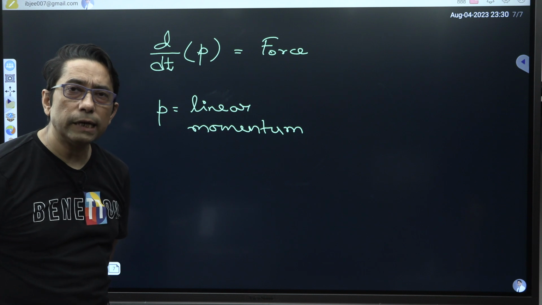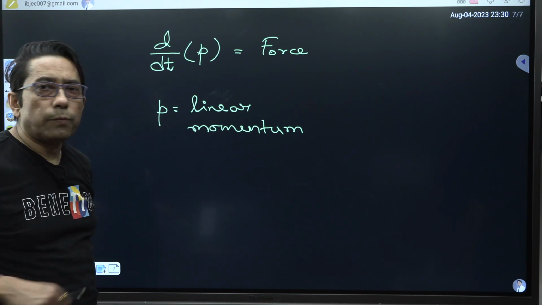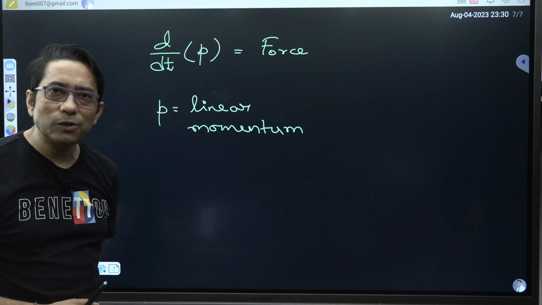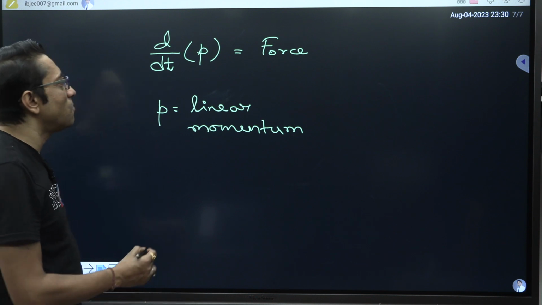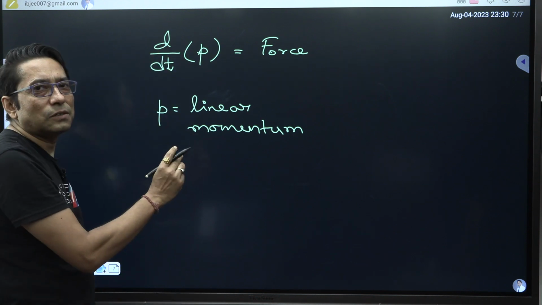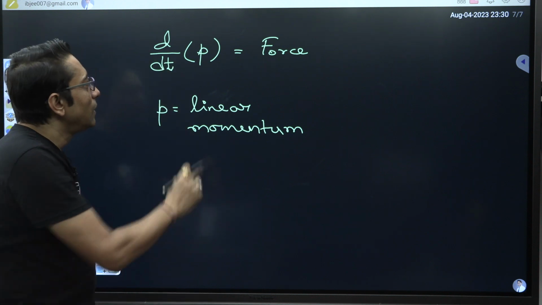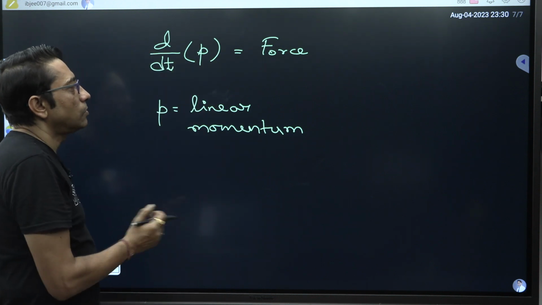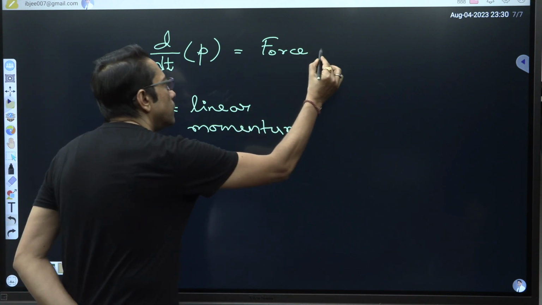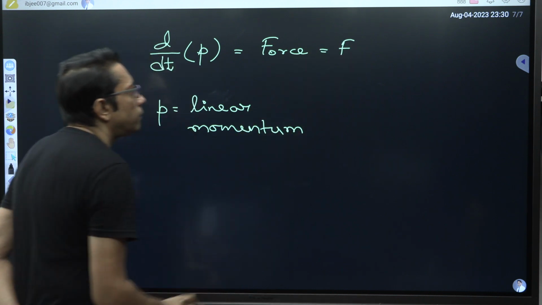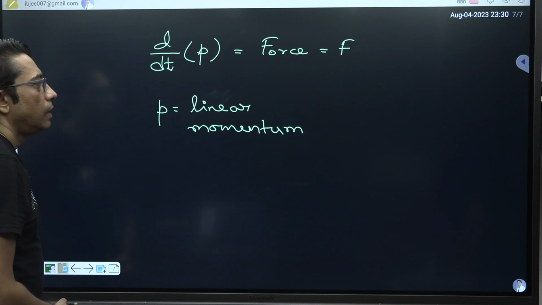From now on, rate of change we will replace by d/dt with respect to time of linear momentum. So that is nothing but force, that is F. So dp by dt is F. Okay.